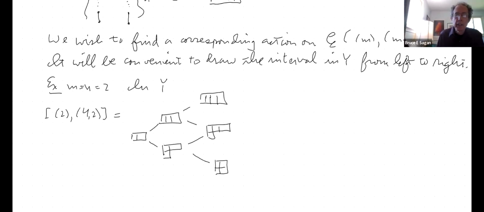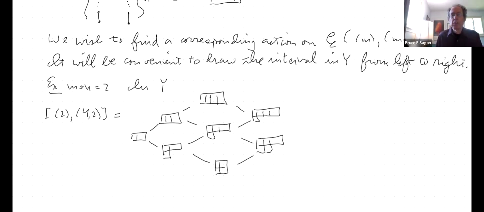So I can only add something in the second row. Here, however, I can add something to the first row, and that will give me this. But I can also add something in the second row, and that will give me this, which is also a cover.